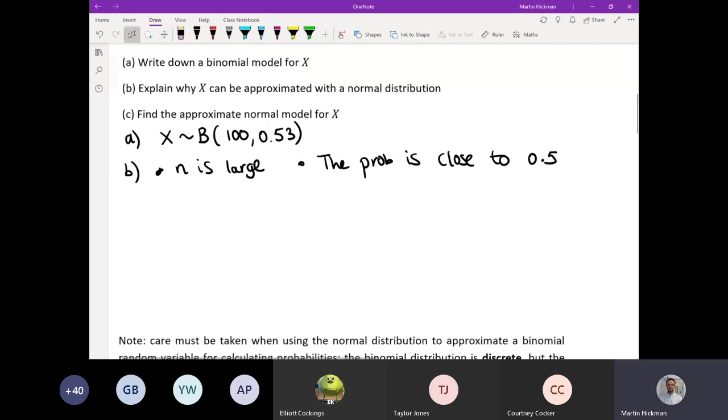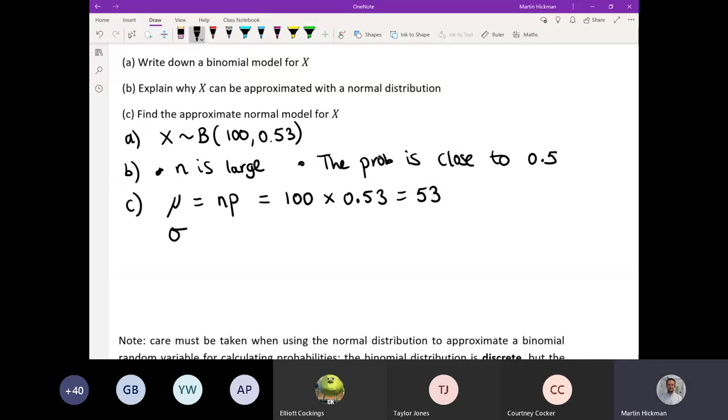So now what I'm going to do is write down the model that I use for my normal distribution. So firstly, I use the fact that the mean is n times p. So n is 100 and p is 0.53. So I just do 100 times 0.53, which just gives me 53.